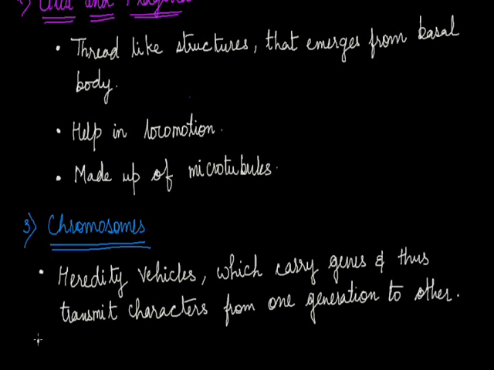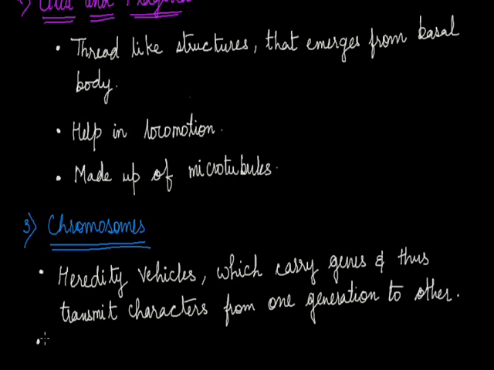If we talk about the structure of a chromosome, when the cell is in resting stage, and that means when the cell is not dividing, the chromosome lies in the form of a thread-like intermingled structure, a structure in which you can visualize the threads intermingled among themselves.